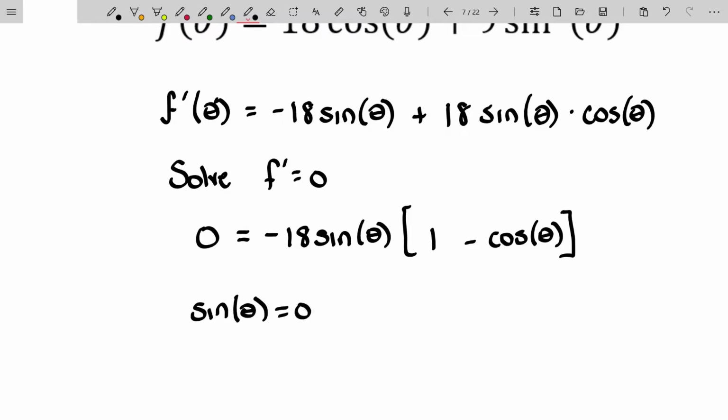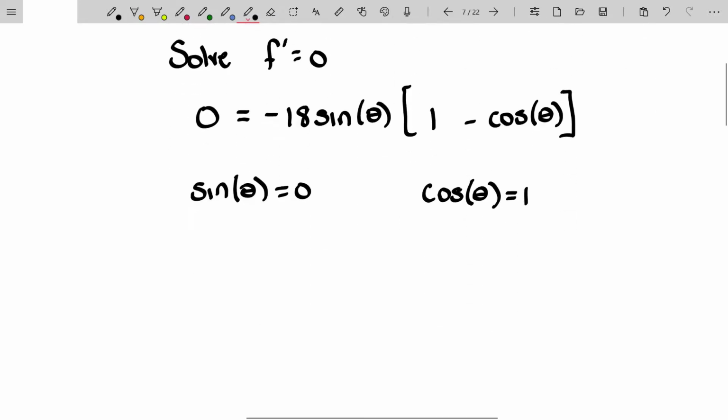And when is cosine of theta equal to 1? From our trig, we know sine of theta is equal to 0 at any integer multiple of pi, and cosine is equal to 1 at any integer multiple of 2 pi, right? Because cosine's 1 at 0, at 2 pi, at 4 pi, and sine is 0 at 0 pi, 2 pi, and so on and so forth.